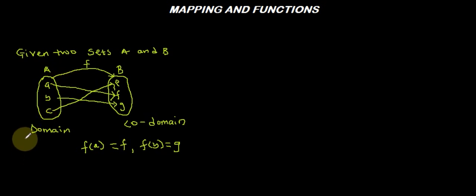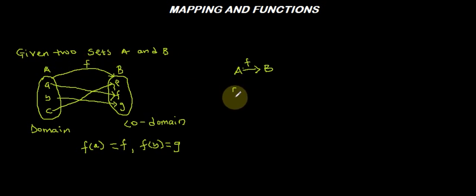If you are to write the notation of mapping when it is represented by letter f, you can write it this way: f maps A to B, and we put our f up, just the way I did it here.